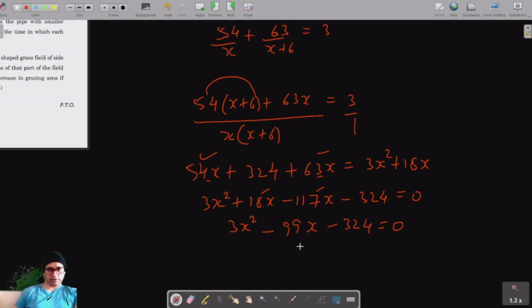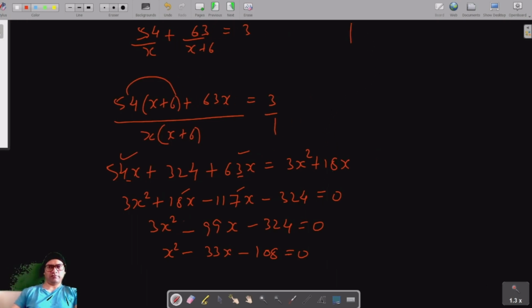And we can take 3 common, which gives us x squared minus 33x minus 108 is equal to 0. So let's try to solve this equation, which is x squared minus 33x minus 108 is equal to 0.